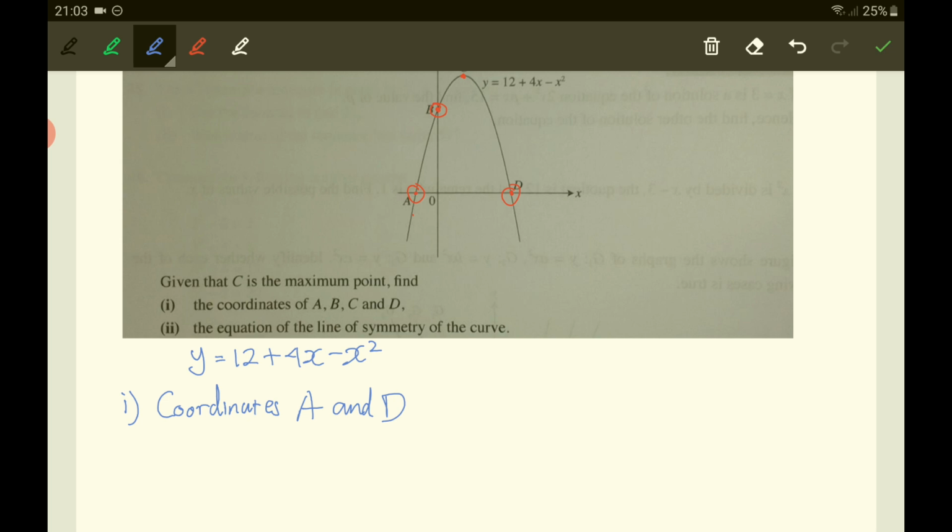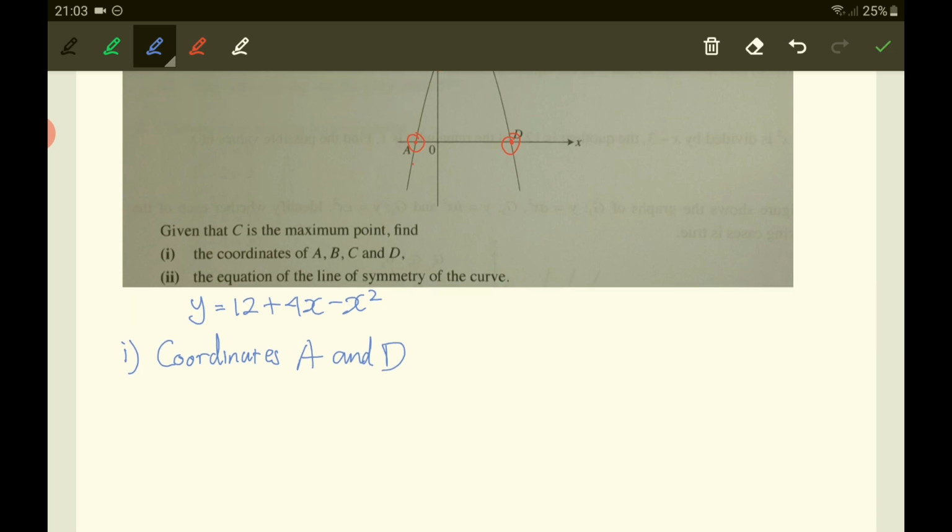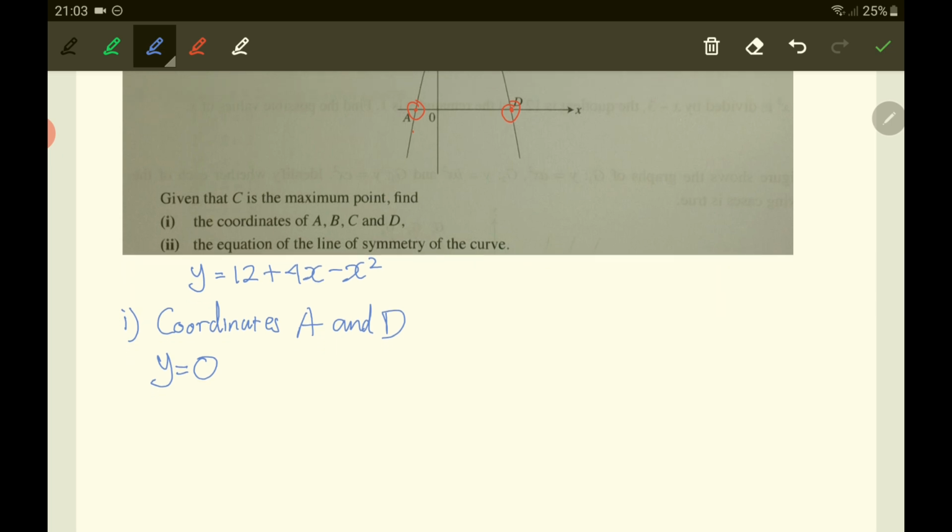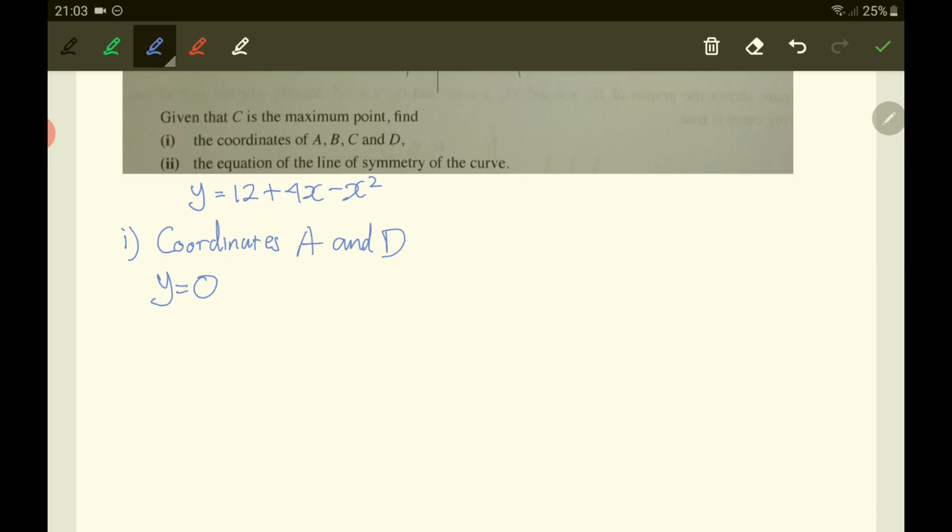When they lie on the x-axis, it means that the value of y here is equal to 0. Alright, so when y equal to 0, we can write the equation again here, change y to 0, so 0 equal to 12 plus 4x minus x squared.